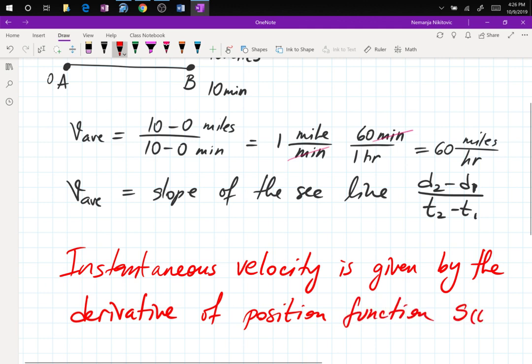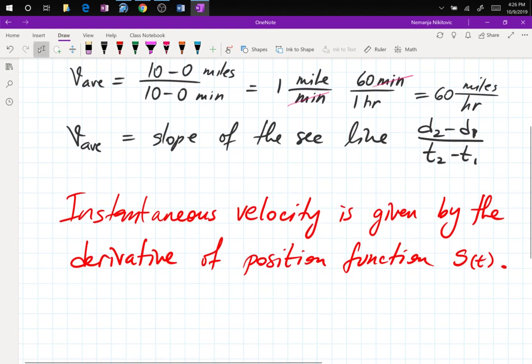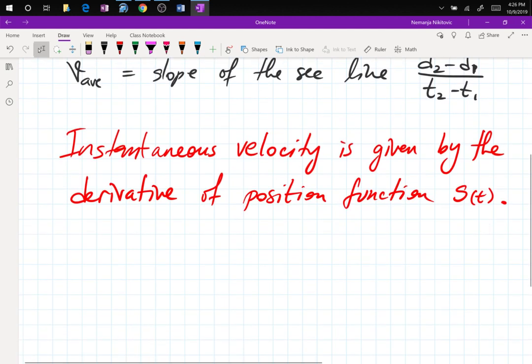And position function is generally labeled as S of t. So instantaneous velocity is given by the derivative of the position function S of t. You can compute it in time. So let's go.